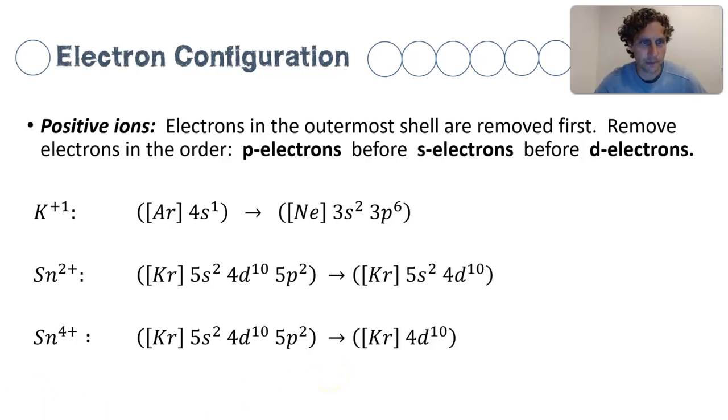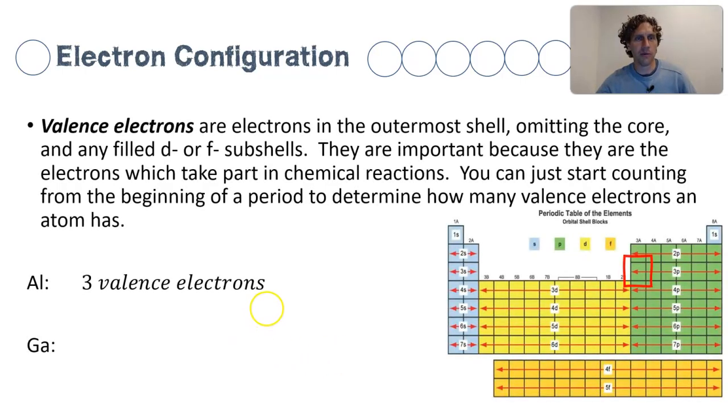Okay, valence electrons. So you should remember that valence electrons are electrons in the outermost shell. But now that we know that shells are a little bit more complicated, it's important for us to think, okay, what are the valence electrons?